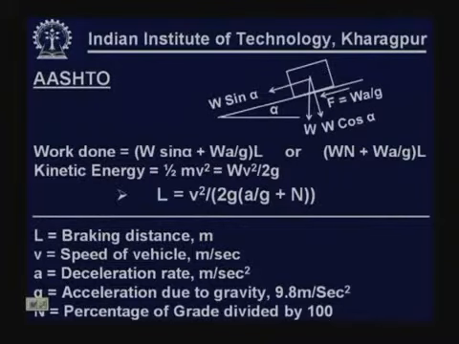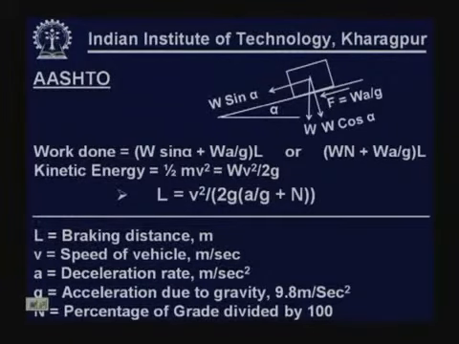So, work done is W sin alpha plus W by g into a. This is the force multiplied by L, the length, and kinetic energy is as usual half of W by g V square. If we equate these two, we can find L as L equal to V square by 2g into (a by g plus n), as shown here.